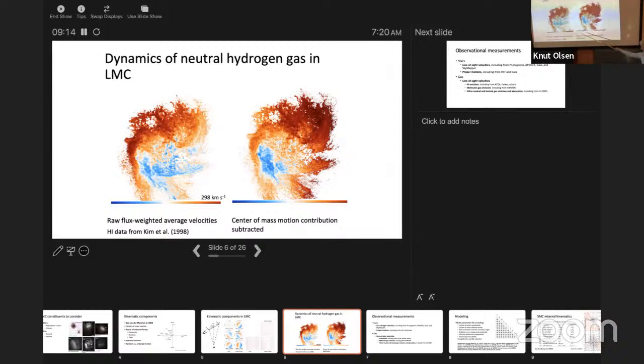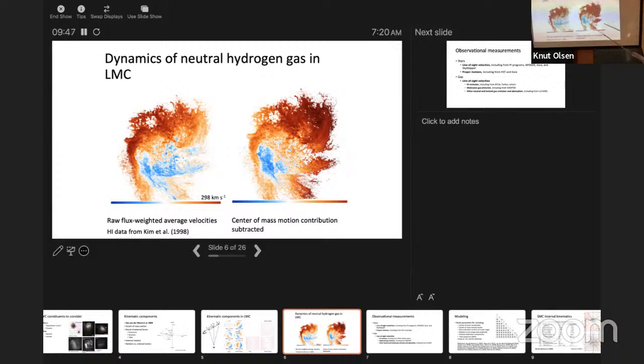You would assume that this galaxy has a rotation, where the bottom part is coming towards you and the top part away. But taking out that center of mass motion contribution really twists the line of nodes, right? And you also see that there are parts of the galaxy that clearly don't obey the disk-like rotation of the bulk of the galaxy.